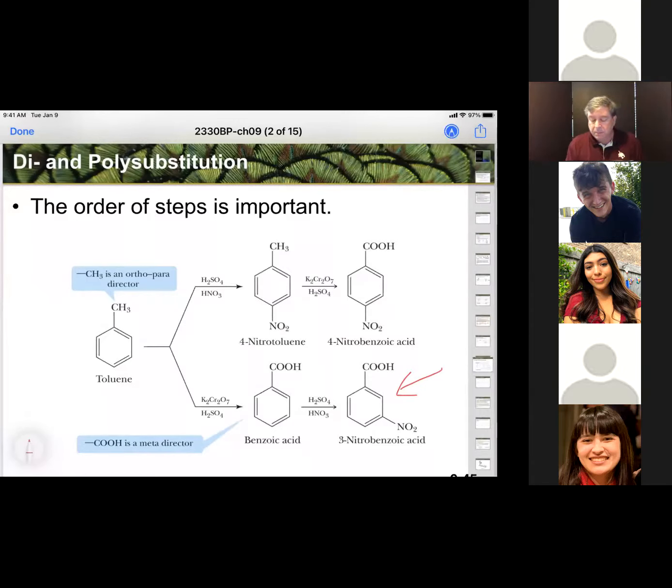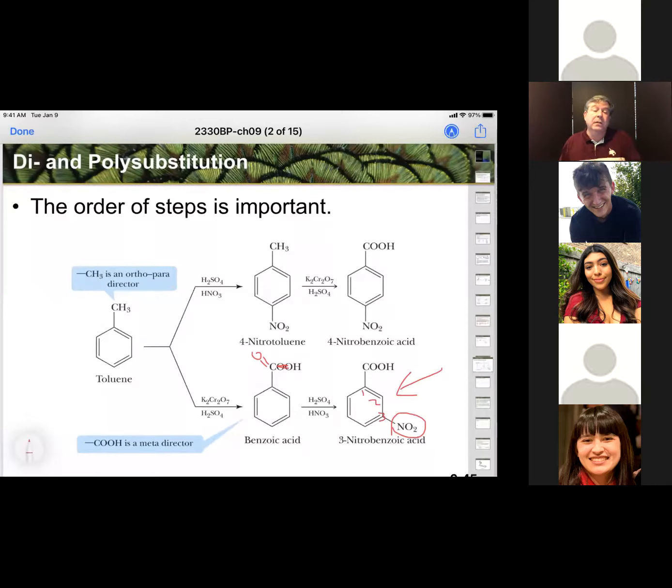So we want the meta director, 1, 2, 3, right here. That means we need to have something on the ring to put the nitro group in that meta position. So we need something with a partially positive charge. In this case, if we redraw this with our carbonyl here and our OH there, we have a carbonyl bonded directly to the ring. So that would make it a meta director.